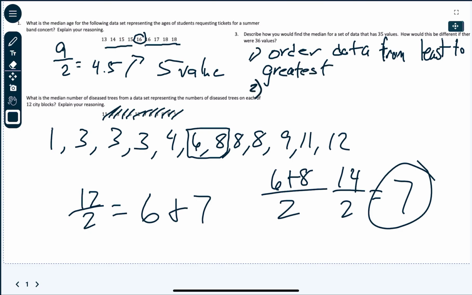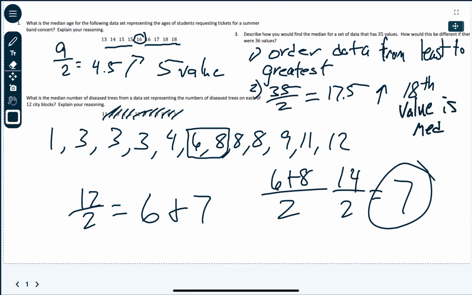That's number 1. Number 2, we would say 35 divided by 2 is 17.5, and we're going to round that up to 18, and the 18th value is the median.